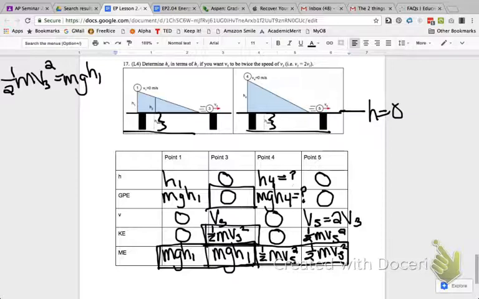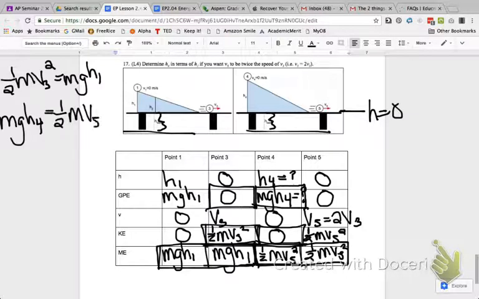And then we know that this GPE plus this KE gives us this mechanical energy. So we know that mgh4 equals 1/2 mv5 squared.